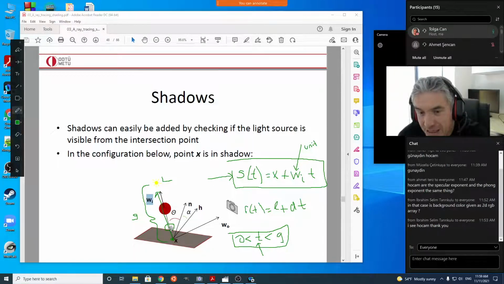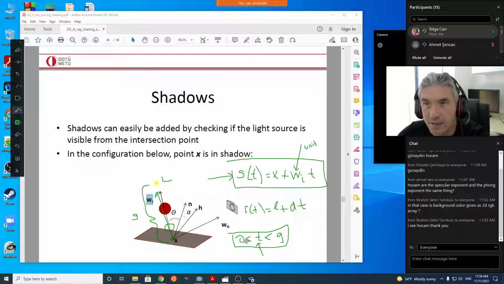Also note that in this simple ray tracing, we don't have any transparent objects. If we have a transparent object, we need to take this into account in the shadow as well. But just assume all the objects are opaque. In that case, the existence of any one of these objects between x and L guarantees a shadow.